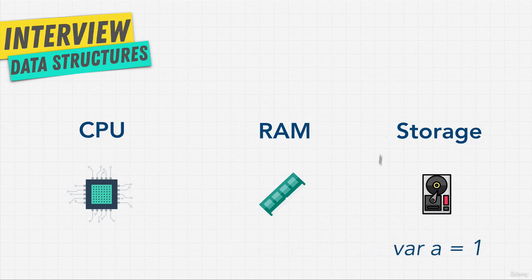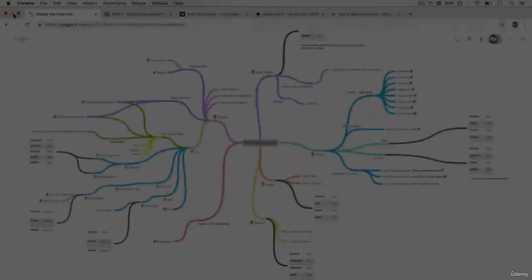We save it to storage so that next time we open up Google Chrome, the CPU is going to grab the program from the storage so that it can use it again. And for Google Chrome to run fast and run smaller scripts, it's going to keep that information in random access memory.